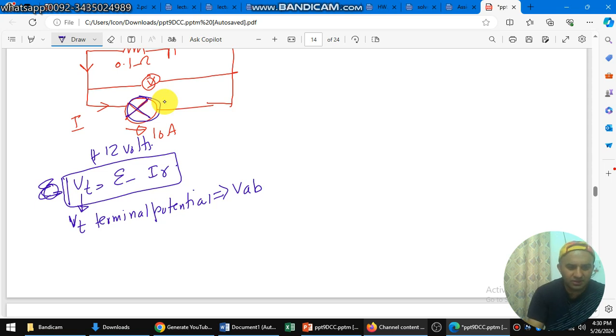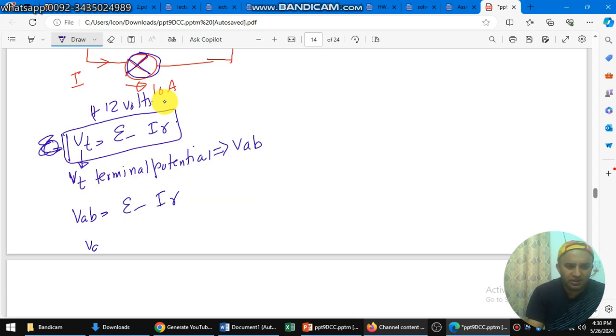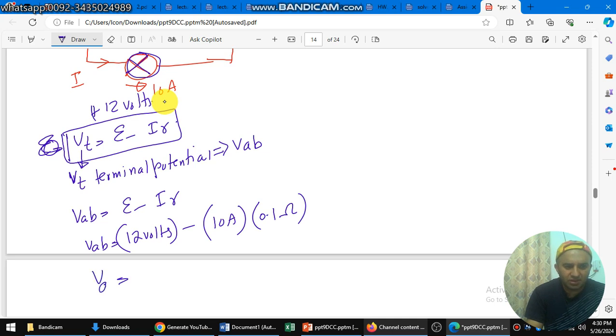So VAB is equal to E minus Ir. Now we can find the VAB. EMF is 12 volt, the battery's actual potential, minus the current, which is 10 ampere, times the resistance, which is 0.1 ohm. So the VAB now is equal to 11 volts.